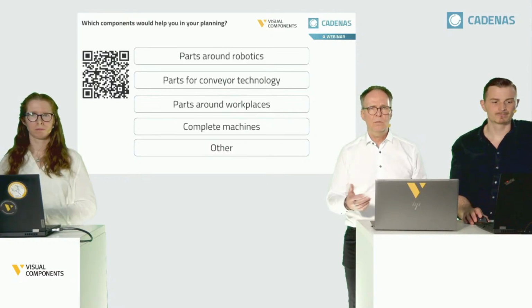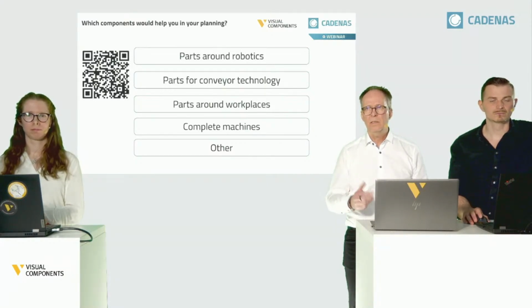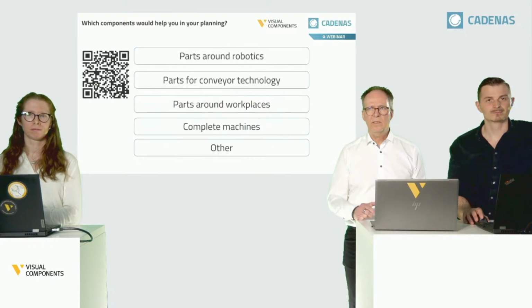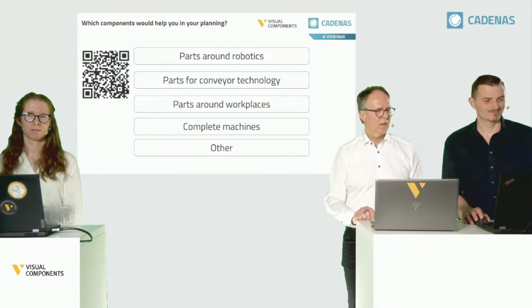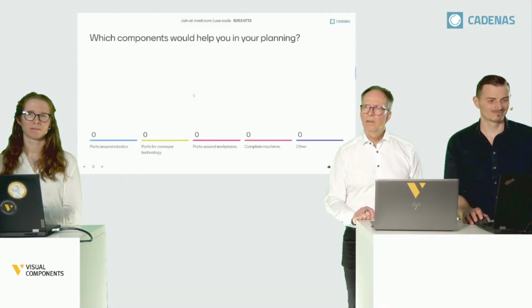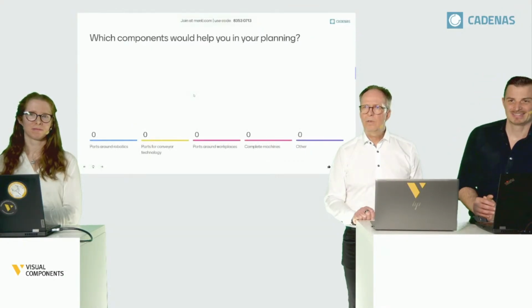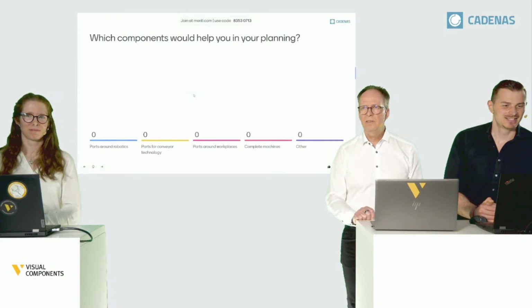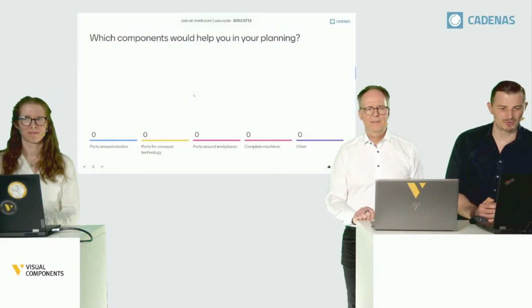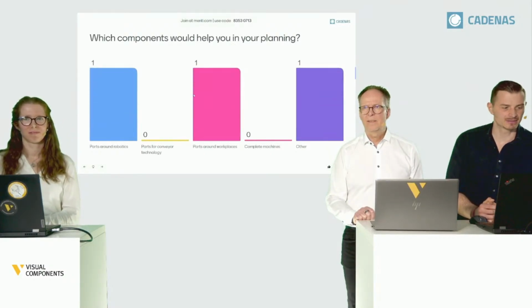Are you looking more for parts for conveyor technologies, or parts around the workplace, complete machines maybe, or all the other stuff? So I'm really looking forward to what comes out of here. What is in your daily planning, what is the most important?